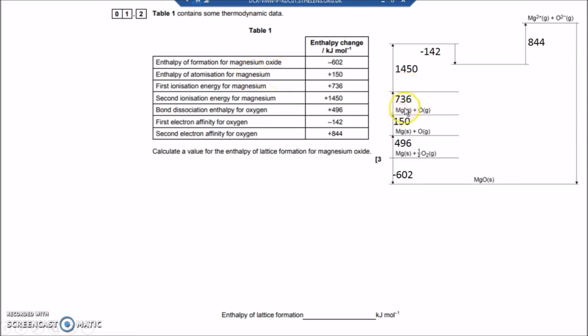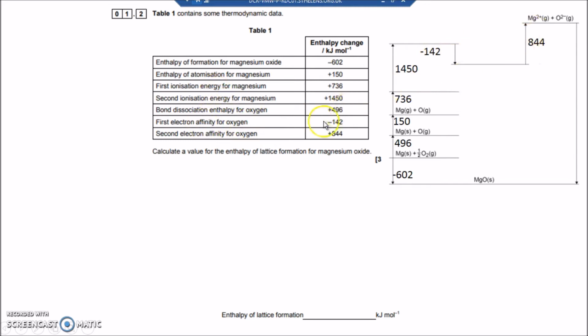Then up to here was the first ionization energy of magnesium, which was a 736. We've got the second ionization energy of magnesium, a 1450. Then we've got the first electron affinity of oxygen, a minus 142, so it comes down.